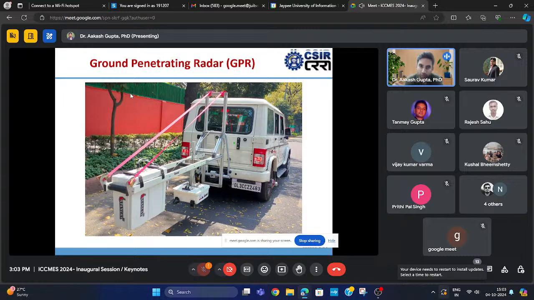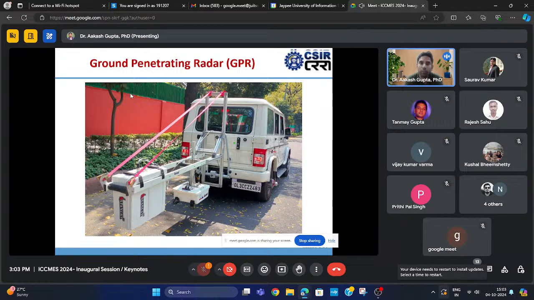And in that software, we need to input the thickness of various component layers of the pavement, like what is the thickness of the bituminous layer, what is the thickness of the granular layer, like this. In that case, either we have to open the pavement, like we have to cut a pit in the pavement, and from there we can determine the thickness, but in that case it will be a destructive method.